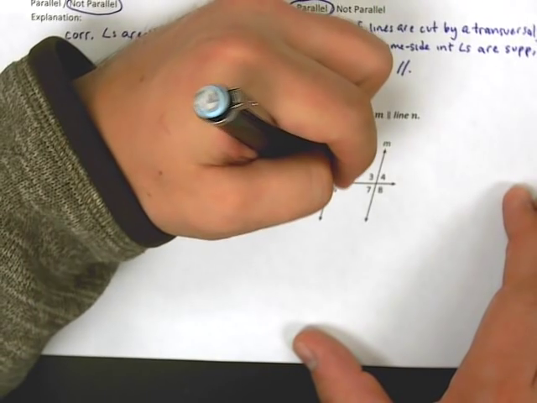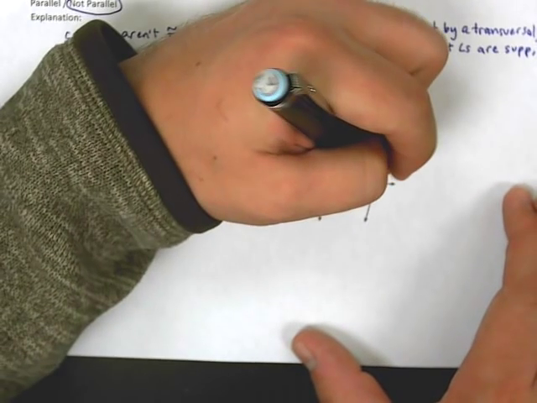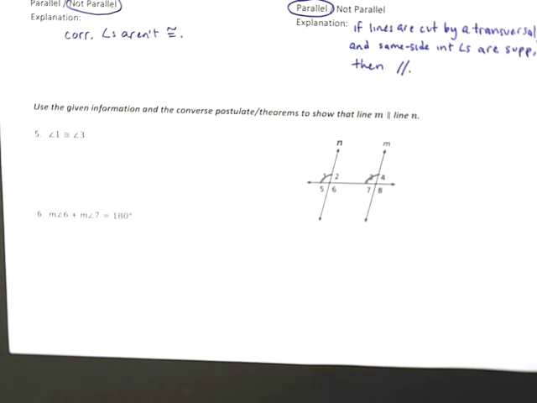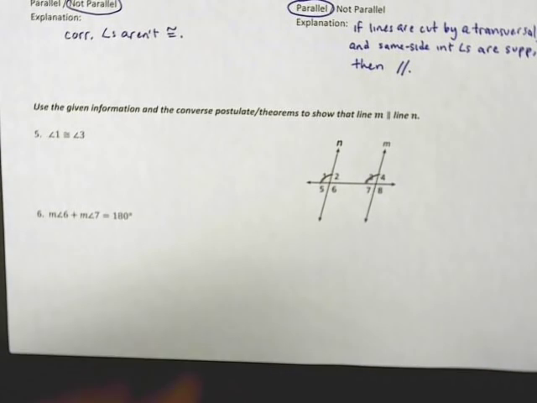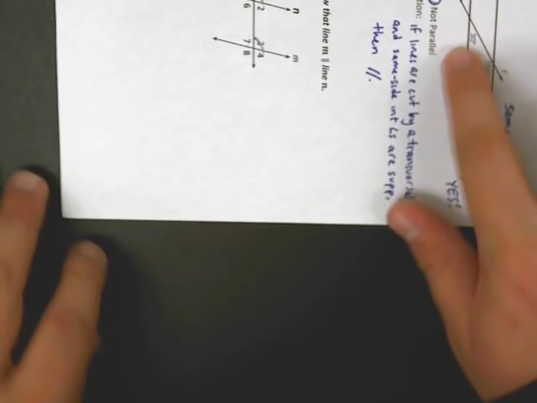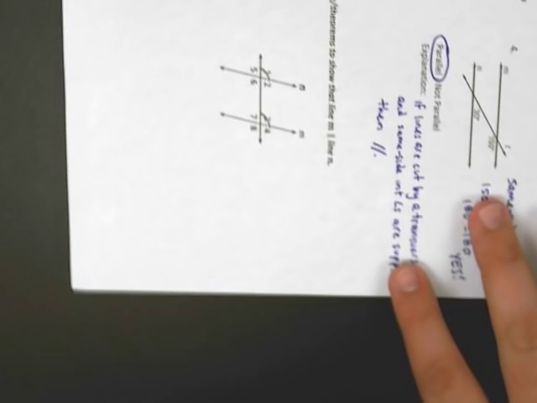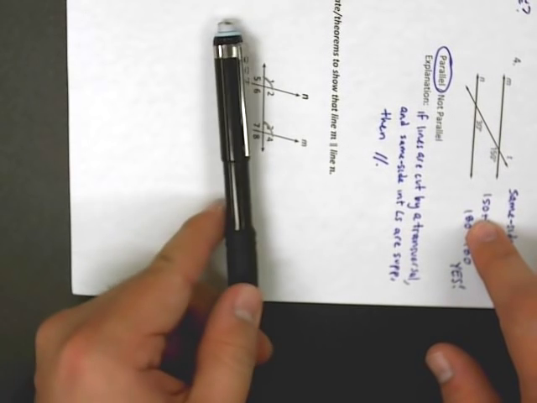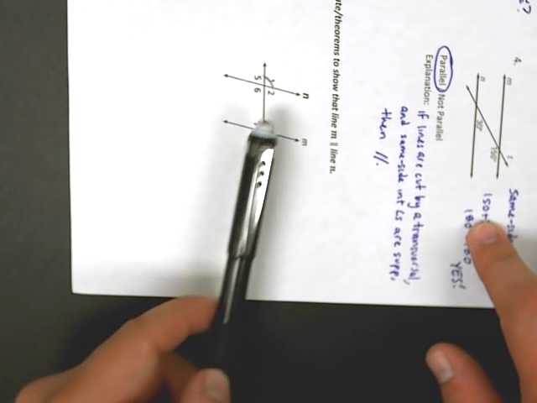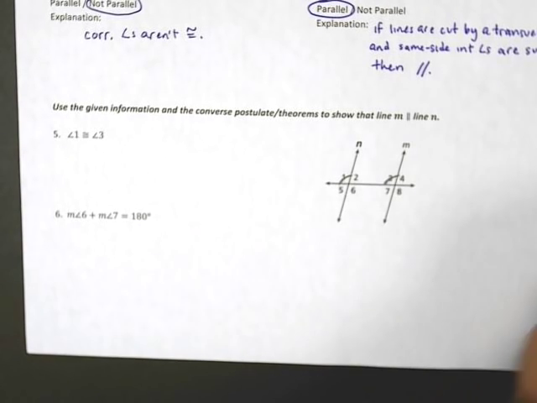But for this example, I want to mark that 1 is congruent to 3. And so now I ask you, what is that angle pair relationship? 1 and 3. If you have to, turn your paper. Same side of the transversal, 1 in, 1 out, corresponding. Alright, these are corresponding angles.